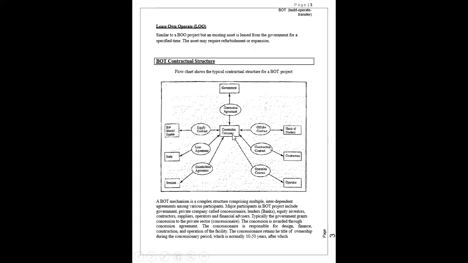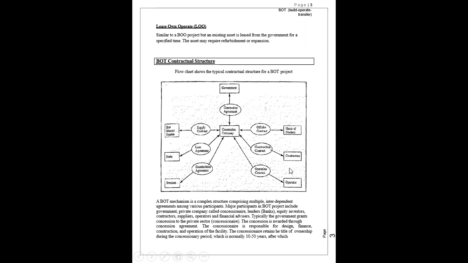Then the concession company can make the contract with raw material supplier, then some legal advisors, then some investors, operator, contractors, or to whom those who are using the product.